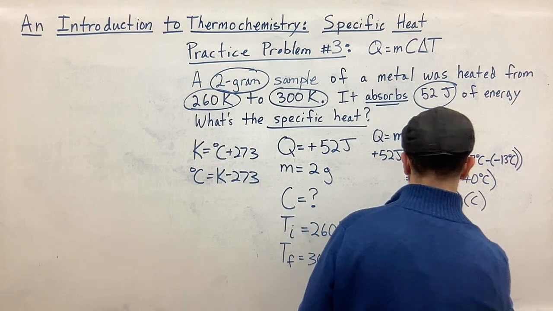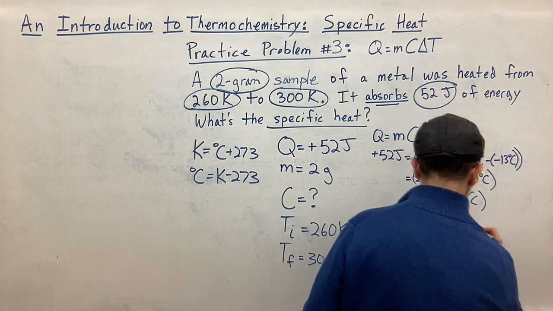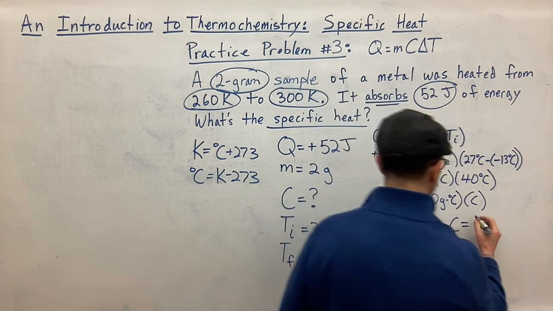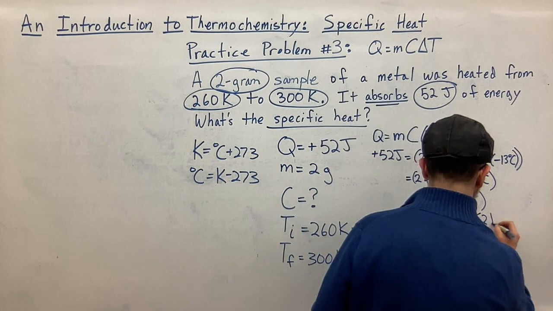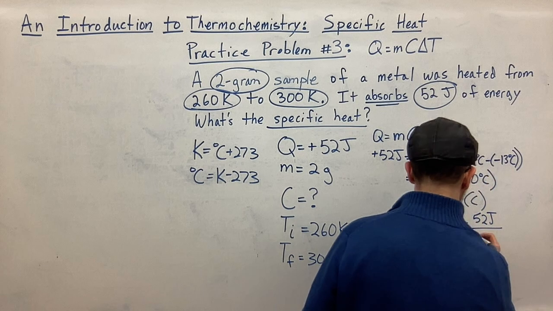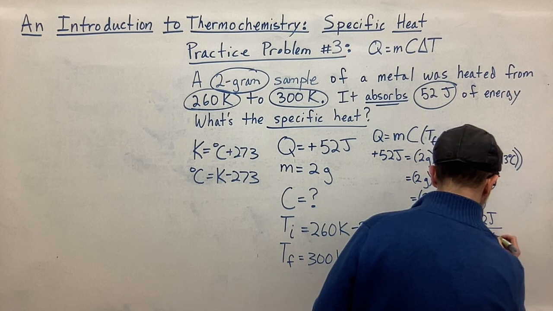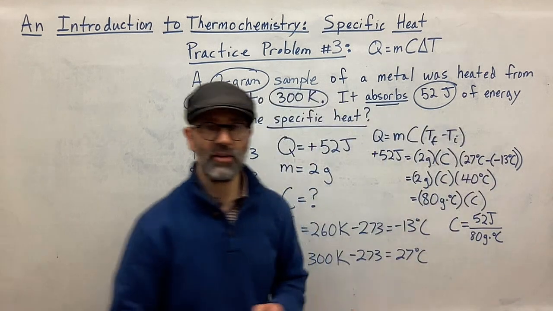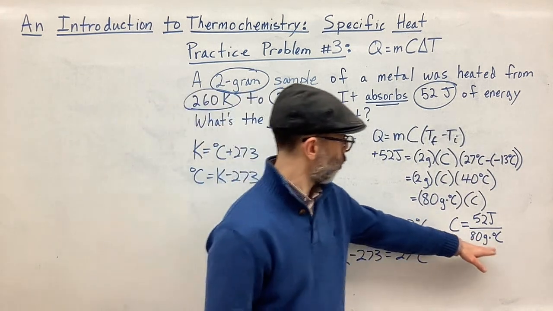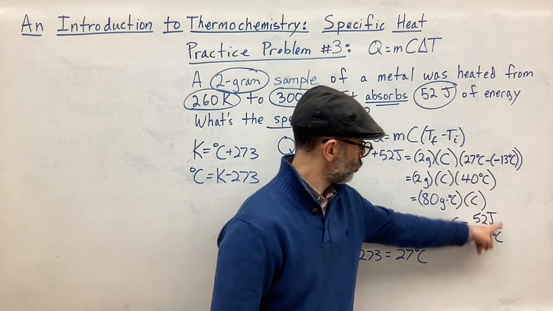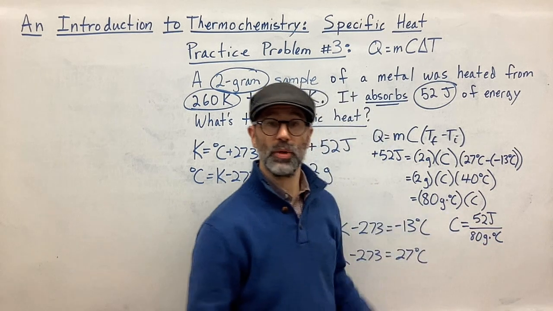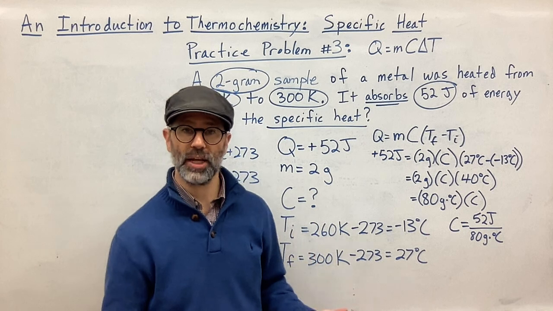And so the specific heat is going to be 52 joules divided by 80 grams degrees Celsius. And so here we have the units for specific heat, joules over grams degrees Celsius. So we know we did the math right because we have the right units.